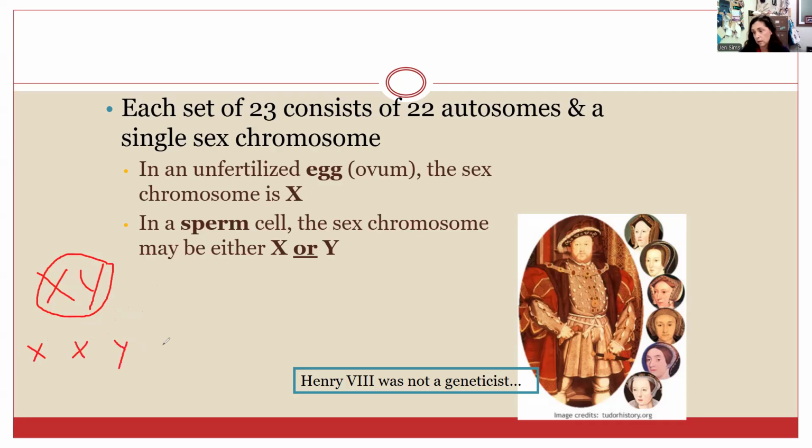Don't forget that. And some of your sperm cells, well, that looks like an X over there. Some of them are going to have X's. This is Y. That's a Y too. And some of them are going to have Y.